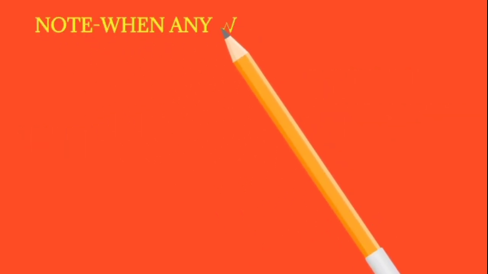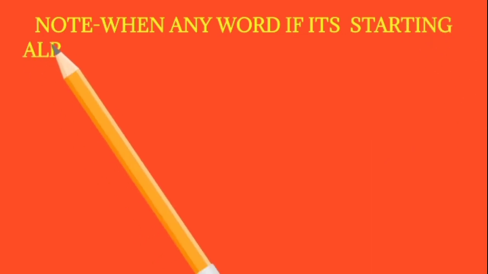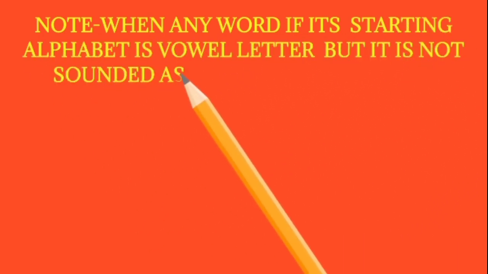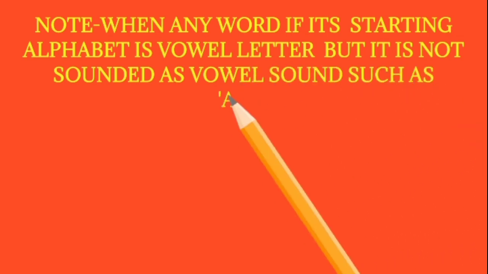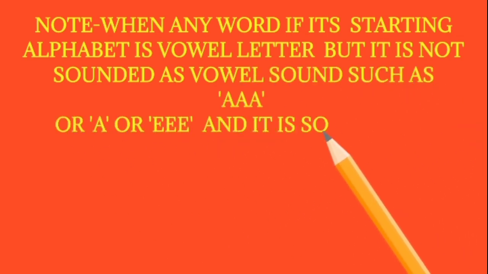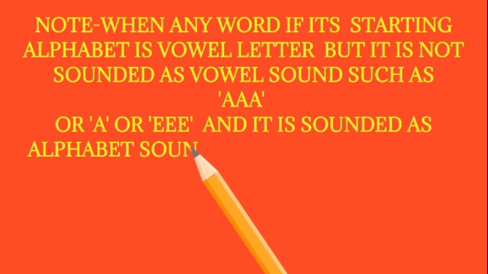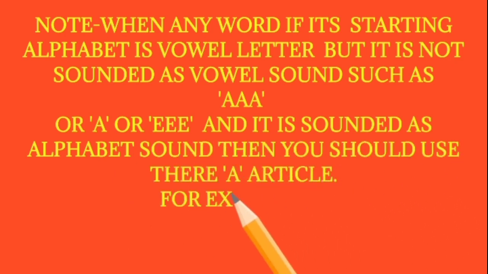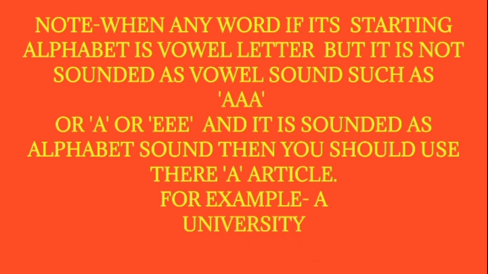My dear students, the point which you have to note is, when any word's starting alphabet is a vowel letter, but it is not sounded as a vowel sound such as A or E, it is sounded as the alphabet sound, then you should use the article A. For example, a university.